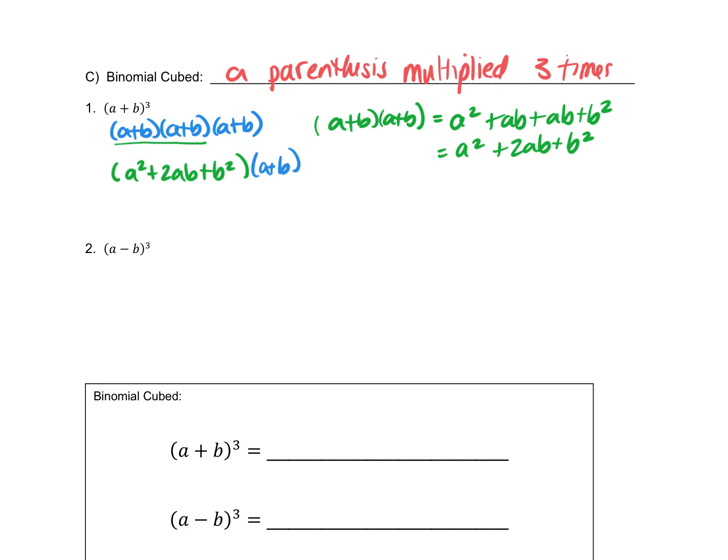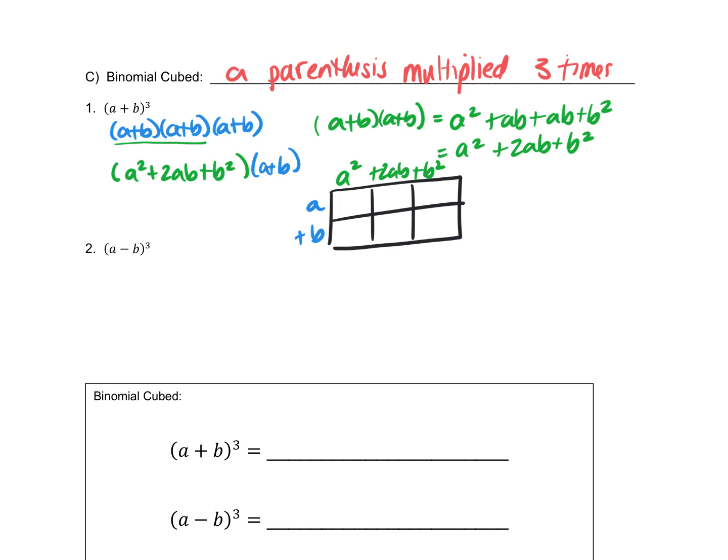So this is a good one to use the box on, okay? So when I draw my box, the first one has my 3 terms, so A squared plus 2AB plus B squared. The other one has 2 terms, so A plus B.